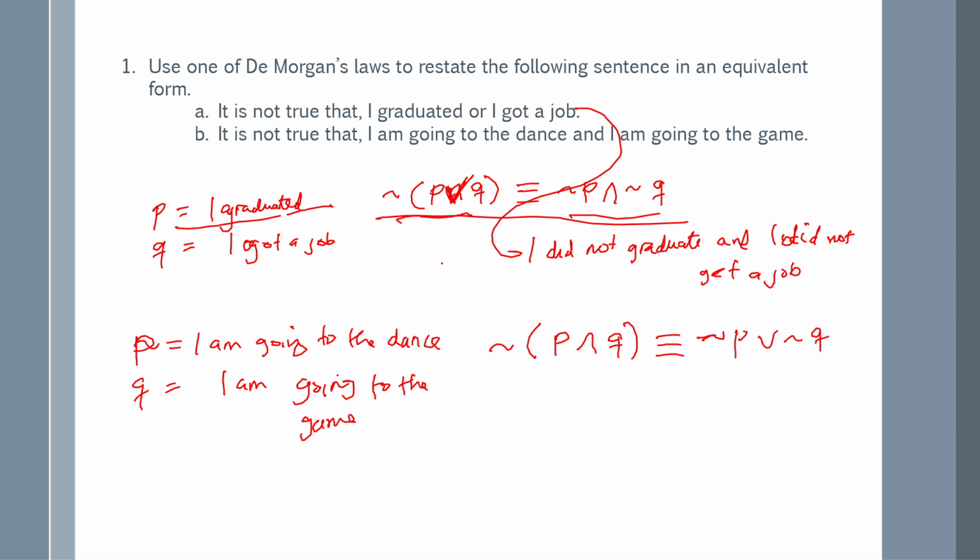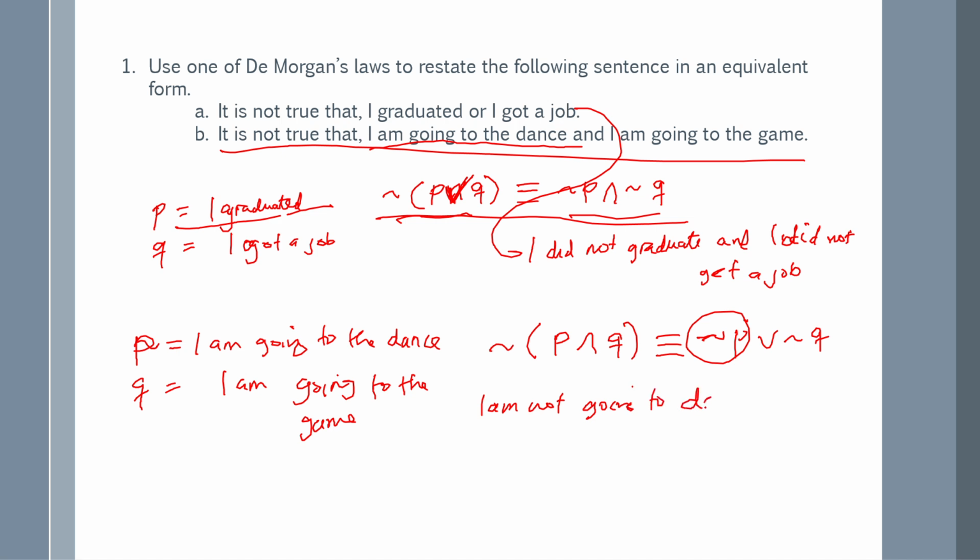So we could restate this as: I am not going to dance, because the P is I am going to dance, so the negation is I am not going to dance, or, since the negation of I'm going to the game is I am not going to the game.